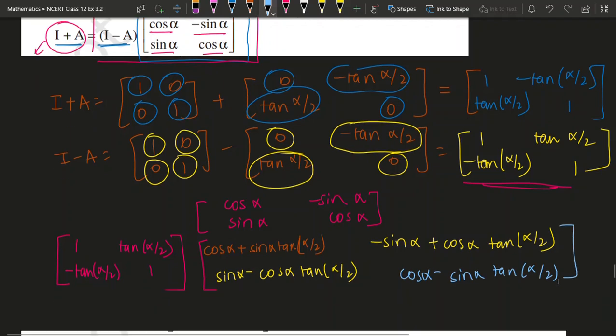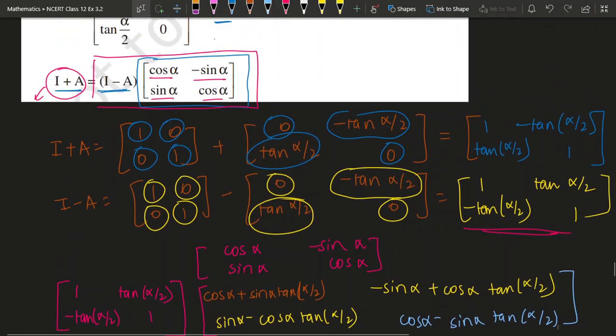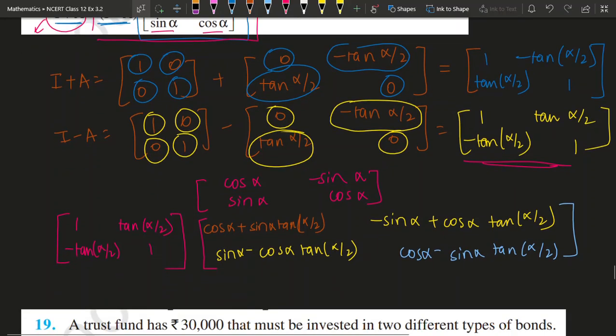Okay. Now let's move forward with this, and here I would expect that you know about the half angle formulas in terms of tan of alpha over 2. So it's a bit of a long problem.